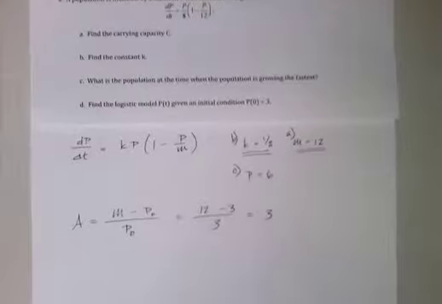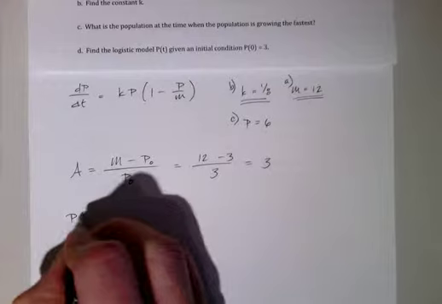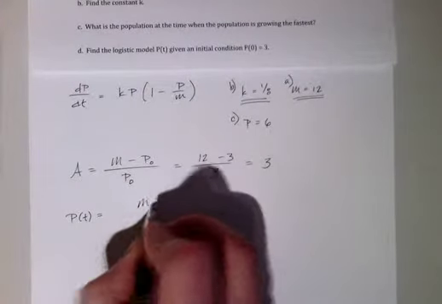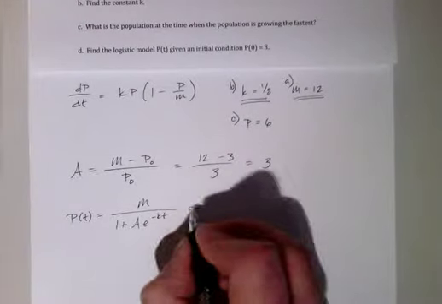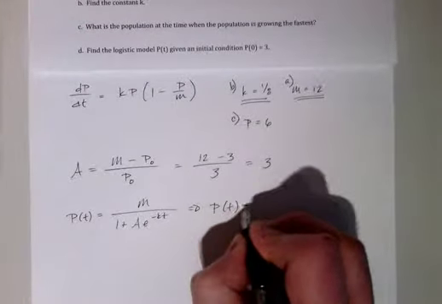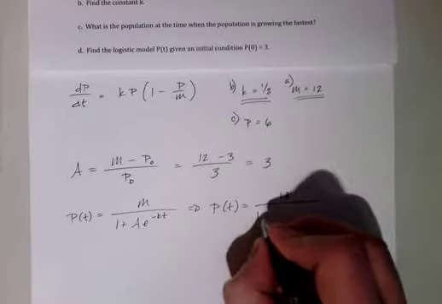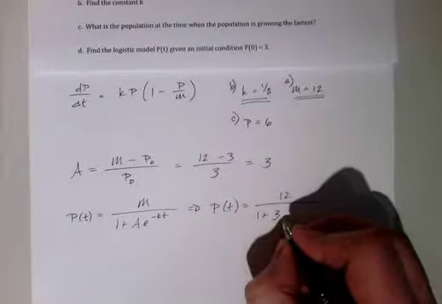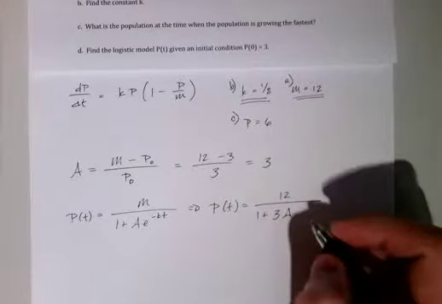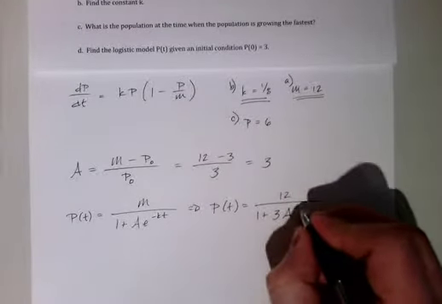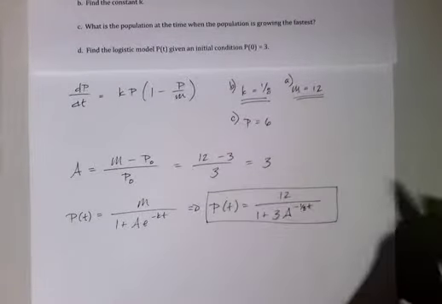Which means that I'm basically just going to take this information and plug it into P of t is equal to M over 1 plus A e to the negative kt. That means my P of t for this particular problem is 12, that's my M value, over 1 plus 3, that's my A value, e to the negative, what's my k value? It's 1/8, so it's 0.125, negative 1/8 t. That is the function.